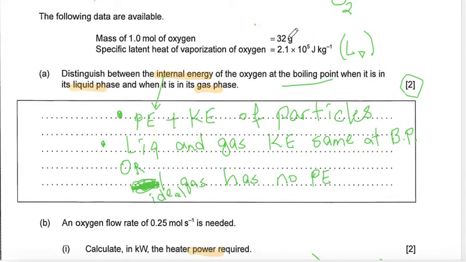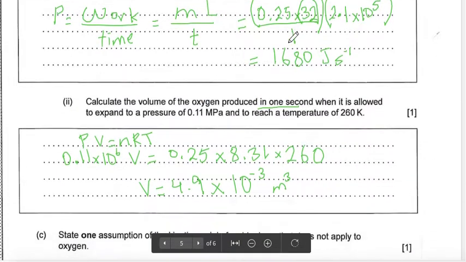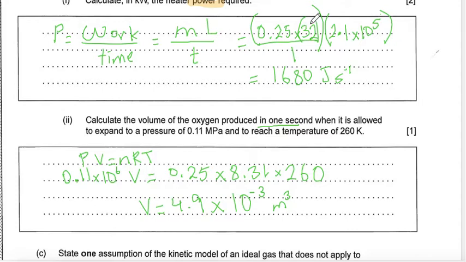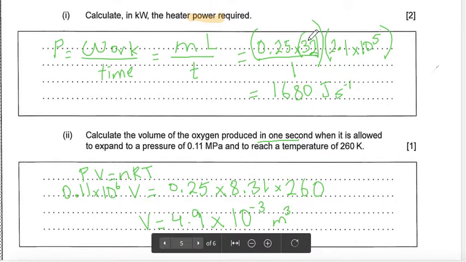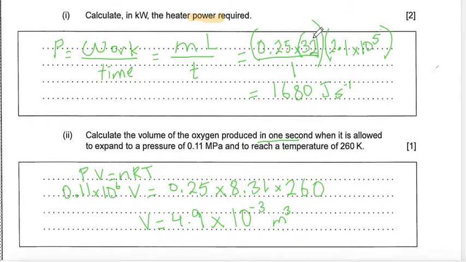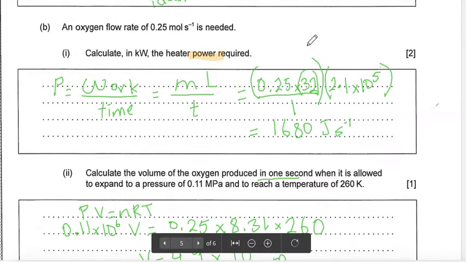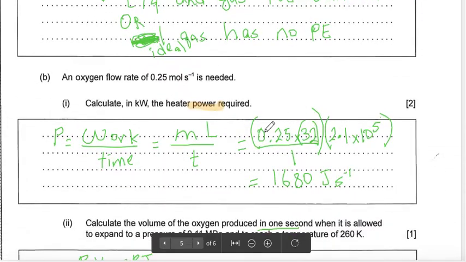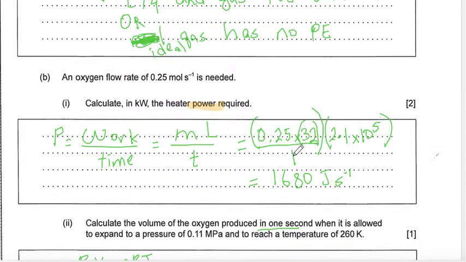If 1 mole is 32 grams, 0.25 would be 0.25 times 32 mass in grams. So we have the mass in grams here in 1 second. So for time, if I put 1 second, this is where the unit comes in handy.